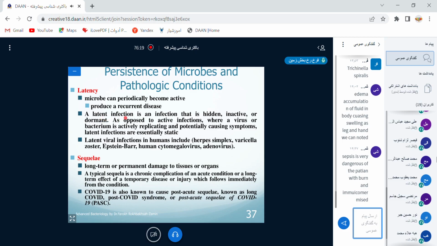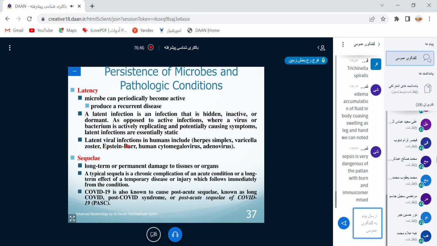A latent infection is an infection that is hidden, inactive, or dormant, as opposed to active infection, where a virus or bacterium is actively replicating and potentially causing symptoms. Latent infections are essentially static.